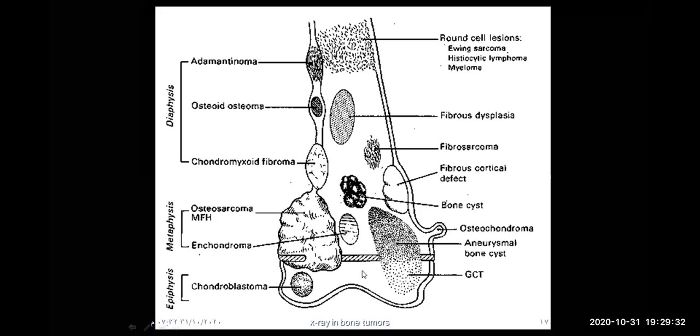Epiphyseal is almost exclusively for chondroblastoma and GCT. Then the metaphysis is almost for the rest of the tumors except the cortical ones. And a few exceptions in the diaphysis.